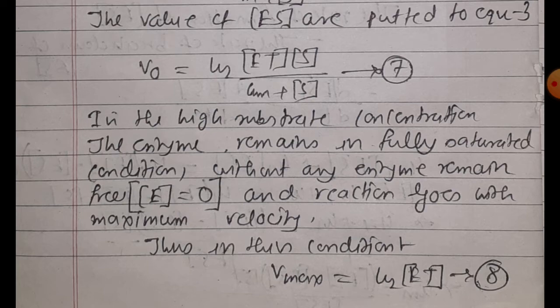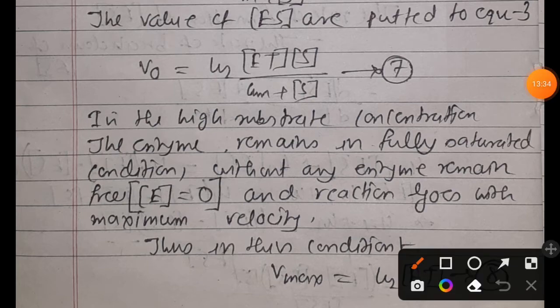So the equation that we derived earlier, Et is equal to ES plus E, here the value of E will be 0, isn't it? Because there is no free enzyme available. So under such circumstances we can simply conclude that Et will be exactly equal to ES.